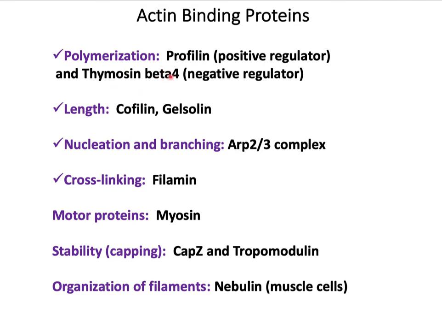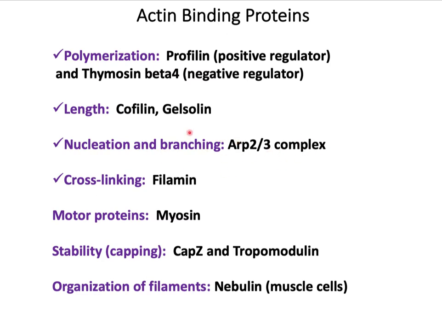There are proteins that can control the length of the actin filaments, including cofilin and gelsolin. There are proteins that regulate the shape of the filaments and cause them to branch or nucleate new actin filaments at branching points. An example of this is the ARP2/3 complex.